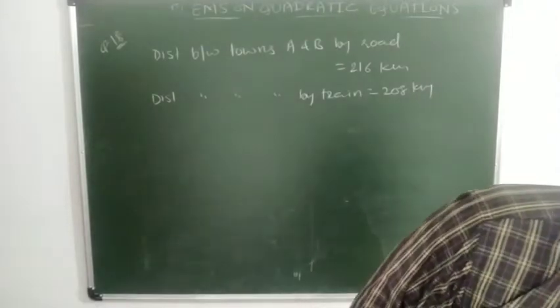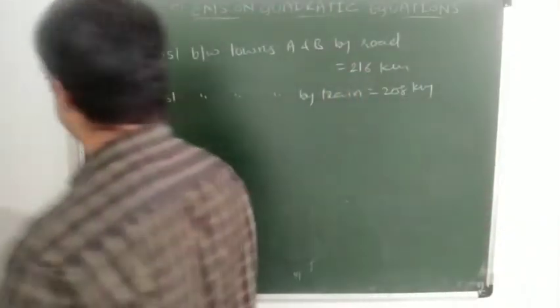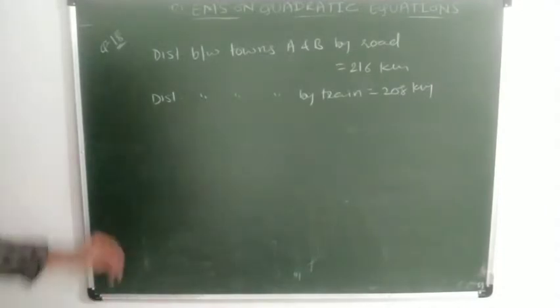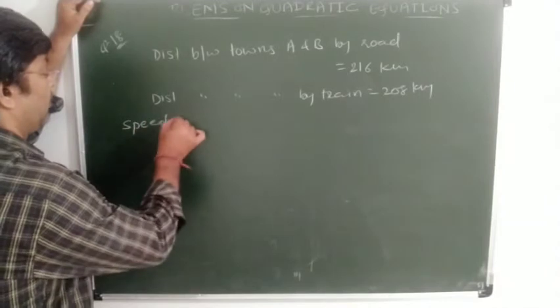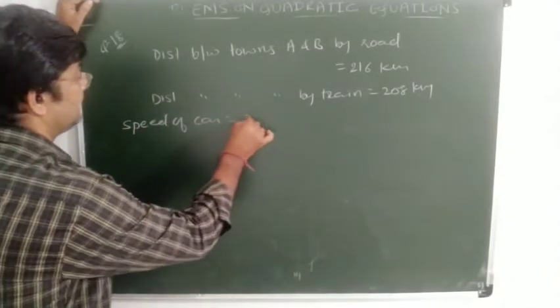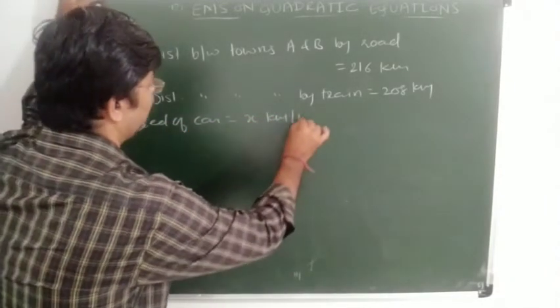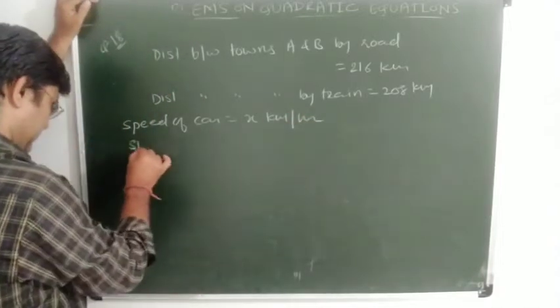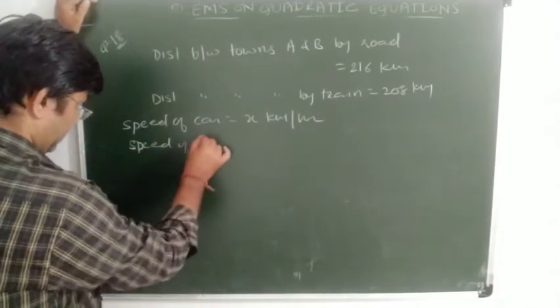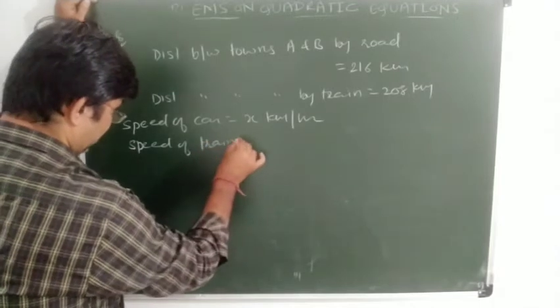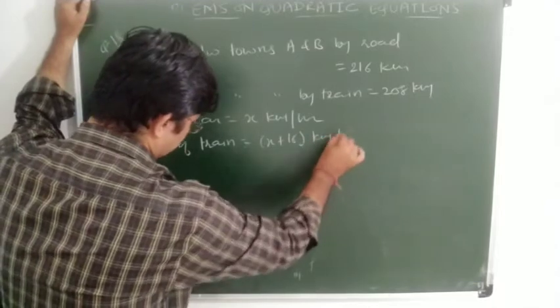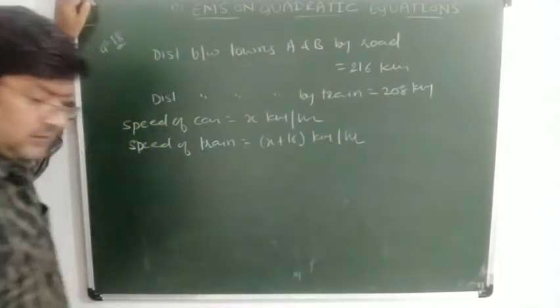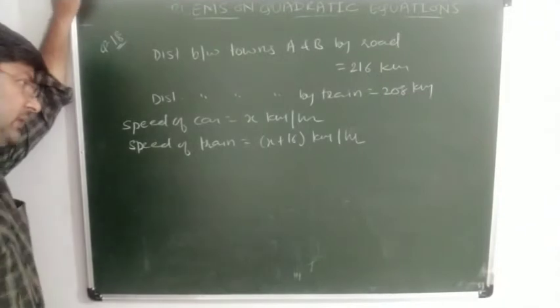We have to form or frame a quadratic equation, and then we will find the value of x. Here speed of car is given to be x kilometer per hour, and speed of train is 16 kilometer per hour faster, so x plus 16 kilometer per hour is the speed of train.